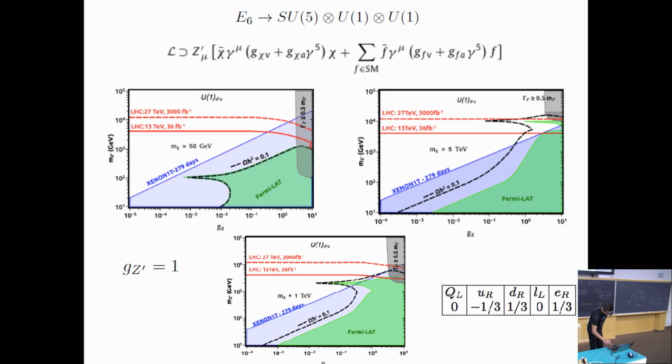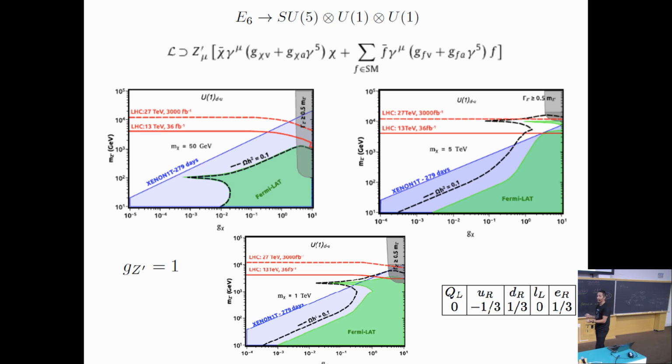Okay. For example, here in this model, we confront it with the last Xenon results, and as well with the incoming prediction of the LHC. In this case, we just took the worst scenario in which the gauge coupling is 1. We can just rescale the result.